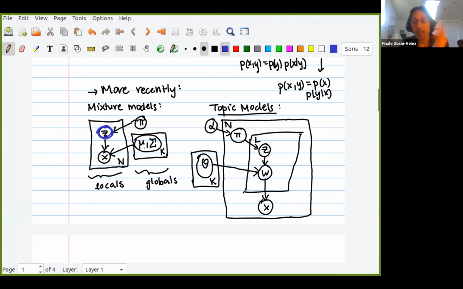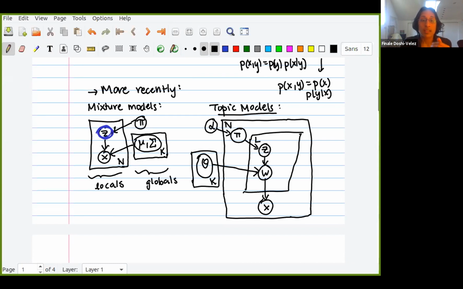So mu and sigma are on one side of Z and pi is on the other side. If I'm trying to do inference about pi and mu and sigma, these globals, remember when we did the mixture models and the topic models, once we had the hiddens, things separated out and we were able to solve for means separately from the relative popularity of the different components or the topics. And this is no coincidence.